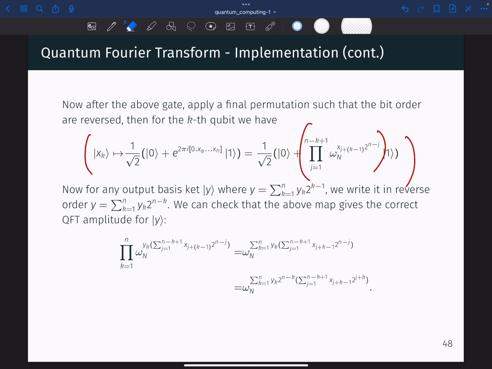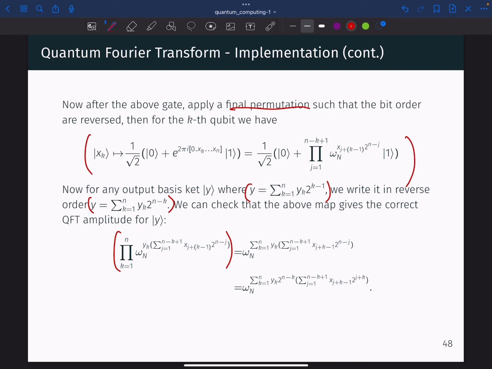Now for a particular output string, where you can expand it into binary expansion here, we're writing it in reverse. We'll reverse it first because after all these gates we'll apply a final permutation. So we'll reverse the order, and then we can calculate the phase factor for this particular y by this equation here.